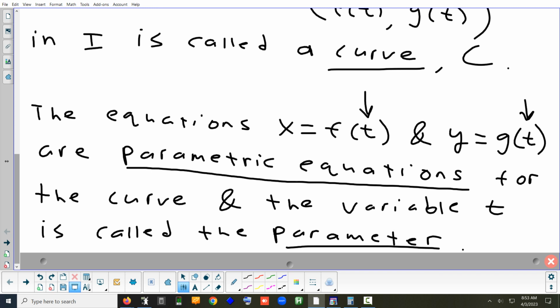When you do a problem, they will always give you a minimum value and a maximum value for the parameter, unless they say it's all real numbers. But generally, they'll say, here's the smallest value you can use in your formulas for x and y. Here's the biggest value you can use for x and y.